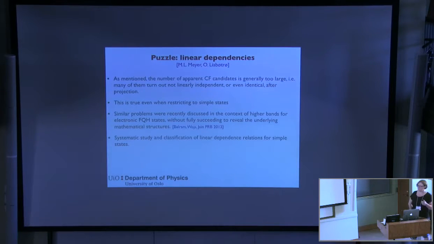So we, or actually mainly these two PhD students, set out on this combinatoric tour de force to try to understand this, at least in the context of simple states.